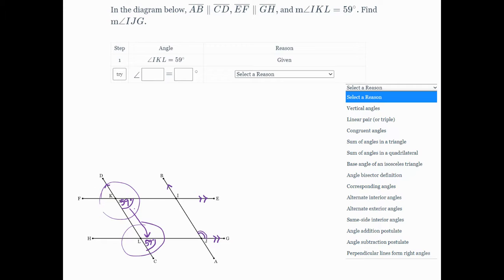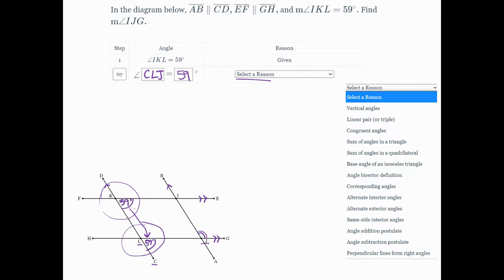So I have to name my angle. I need three letters to do that. I can go CLJ, because that's the sides there, or I can do JLC. It doesn't matter which one. I'm going to do CLJ. And then you would be typing this into DeltaMath, but this is just what it looks like. Then I would say how many degrees: 59 degrees. And then I would need to select a reason.